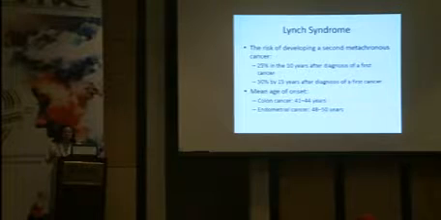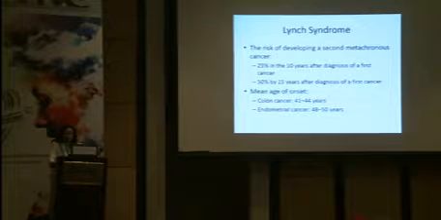And not only do they present with colon or endometrial cancer, just one type of cancer: 25% will present with another type of cancer 10 years after the diagnosis, and 50% by 15 years after diagnosis. So it is important because you would want to screen these patients more closely. The mean age of onset for colon cancer is the early 40s, and for endometrial cancer the late 40s to early 50s.